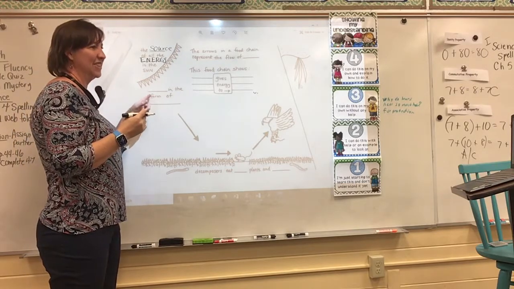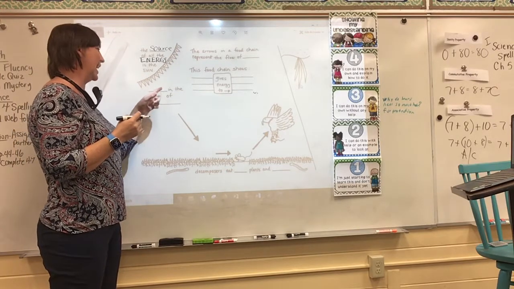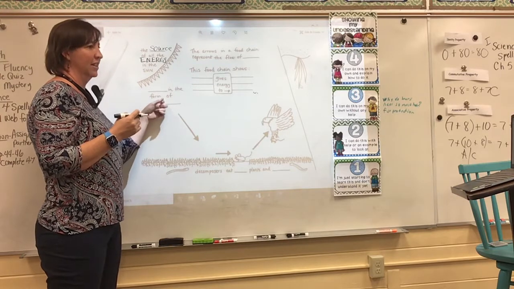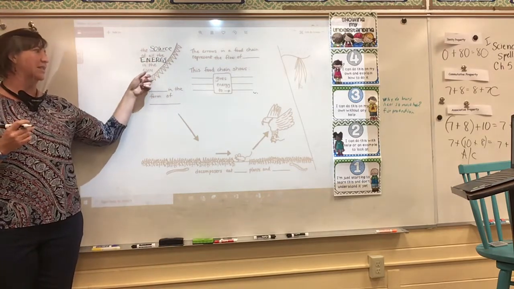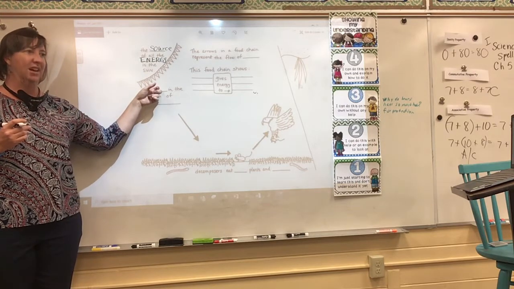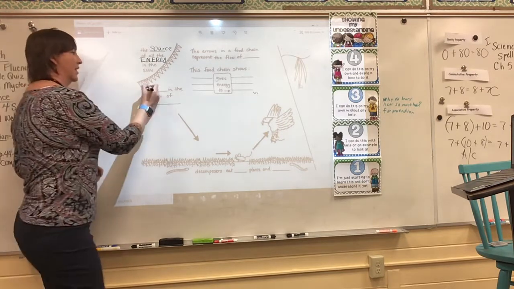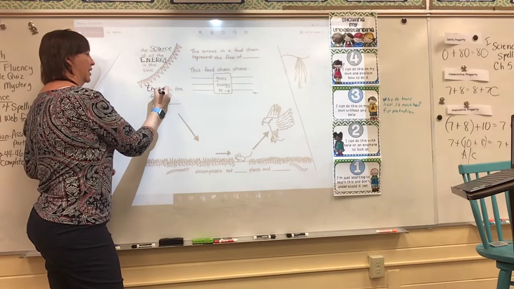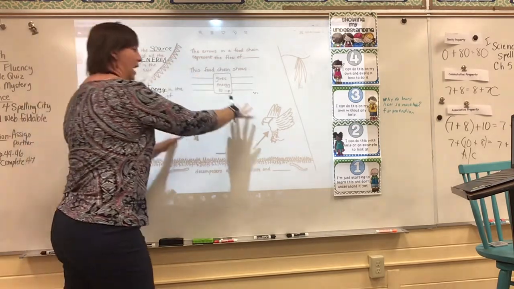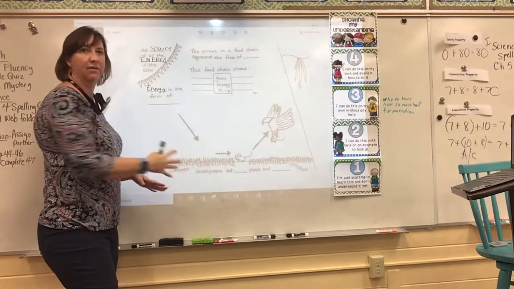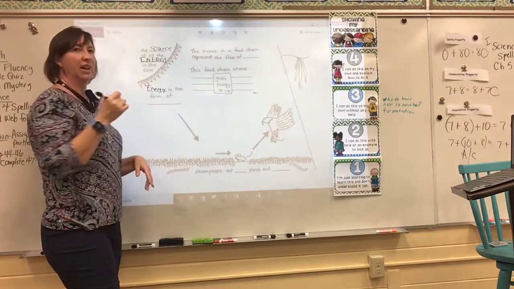Okay, the next thing I want you to write down here is blank in the form of. If we have the source of all energy is the sun, what is this going to be here? Energy in the form of, what is the form of when it comes down to these things down here? No, not gas.